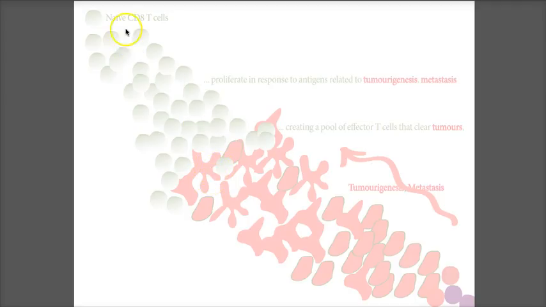Coming down from the top, naive CD8 T cells proliferate in response to the antigens related to tumorigenesis and metastasis. The antigens are unique non-self proteins presented on the surface of cancerous cells. Normal cells do not present these proteins. The antigen presentation is part of the process of the transformation of a normal cell to a cancerous cell.